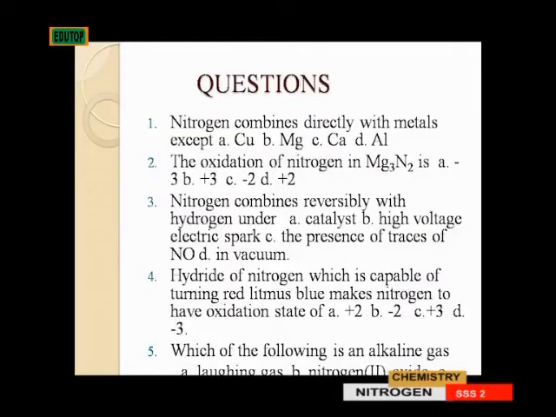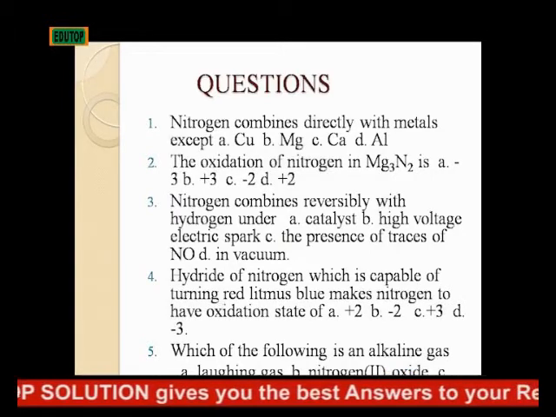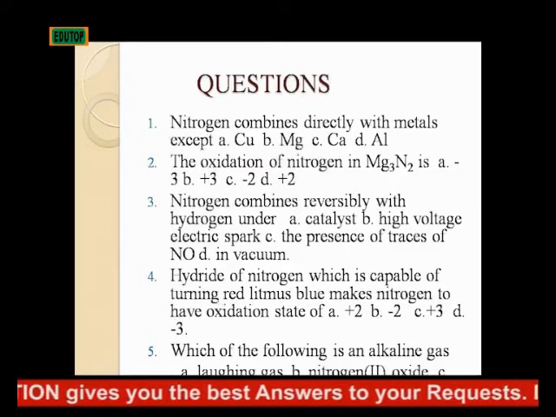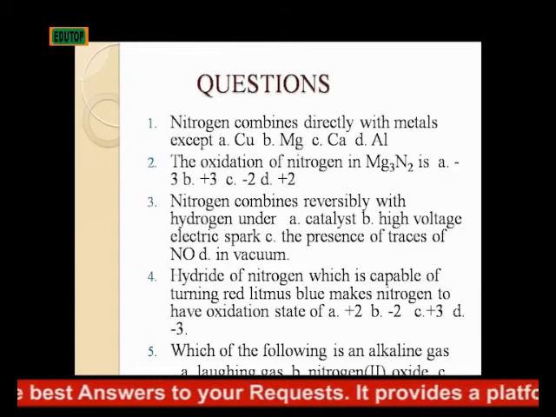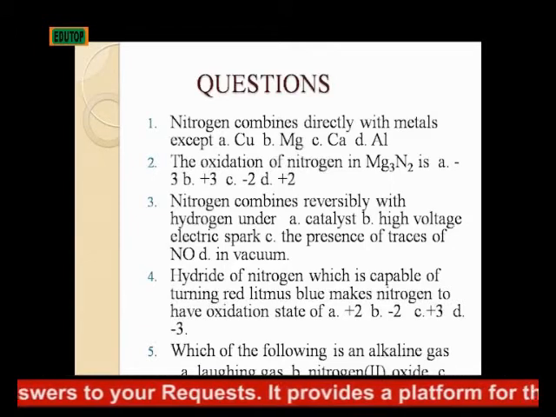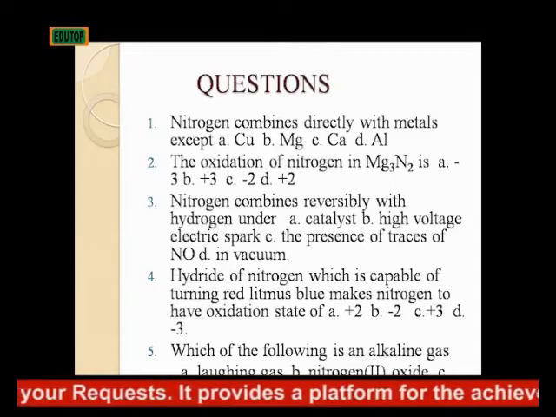Question number 3. Nitrogen combines reversibly with hydrogen under A. Catalyst, B. High voltage electric spark, C. The presence of traces of nitrogen 2 oxide, D. In vacuum.